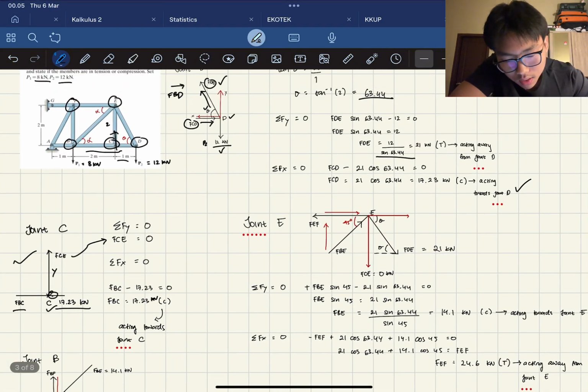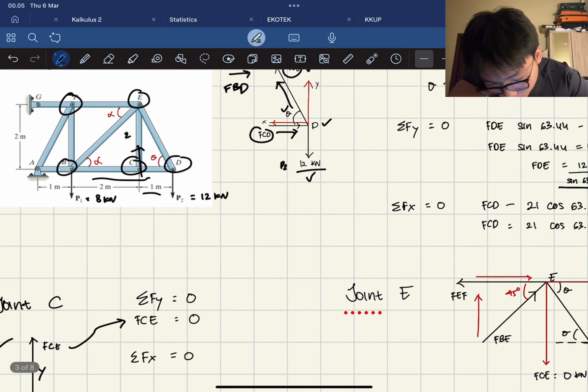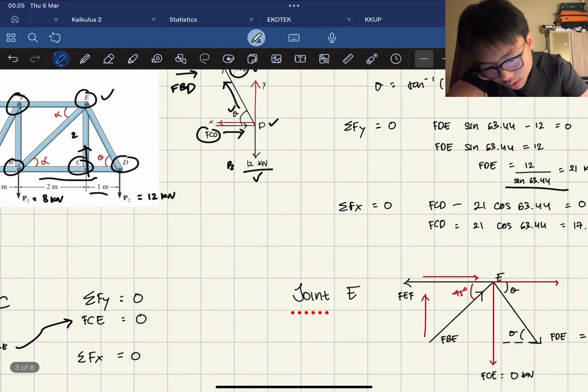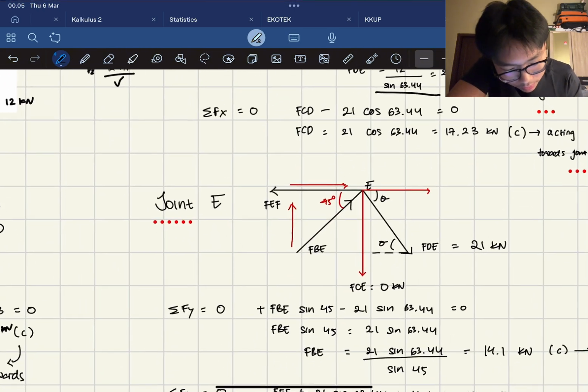Okay, next. For joint E, the free body diagram would look like this.